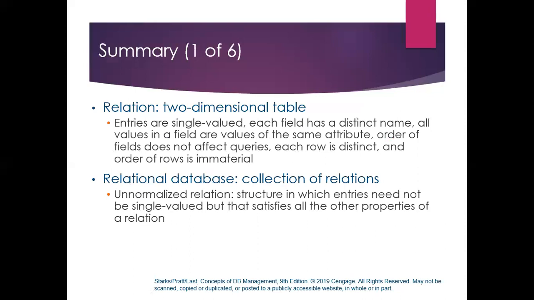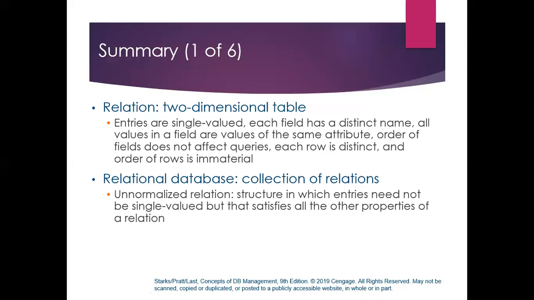Order of fields does not affect queries. Each row is distinct and the order of rows is immaterial. These, of course, are the criteria which a table must meet in order for it to be qualified to be known as a relation.